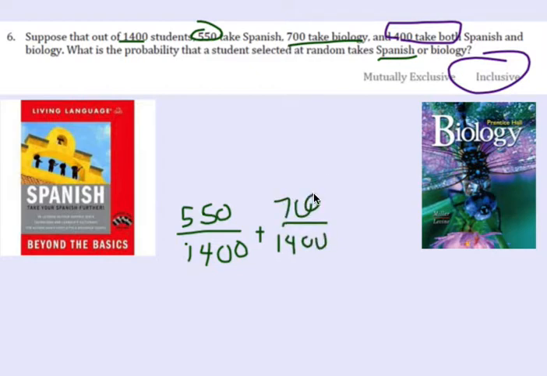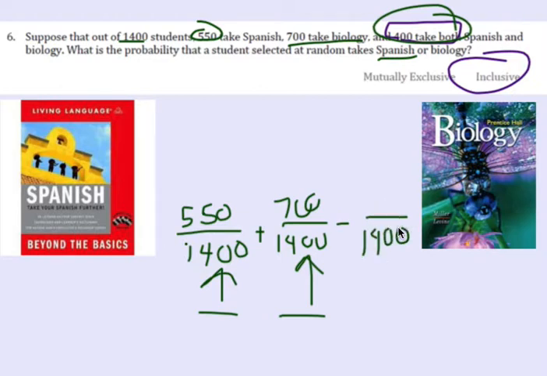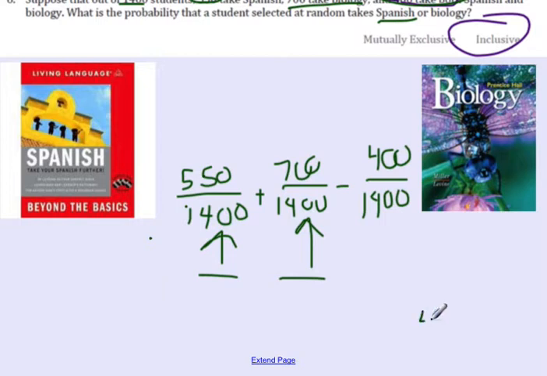Then we know that there are some students that are taking Spanish and biology. So each of those students are being counted twice. So we need to subtract off the probability of it being both. Well, there's 400 students that are going to take both. So again, I'm going to keep my denominator the same. So I'm going to still have 1,400 on the bottom.